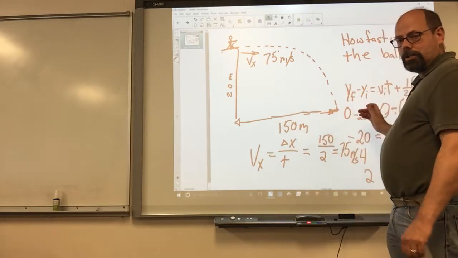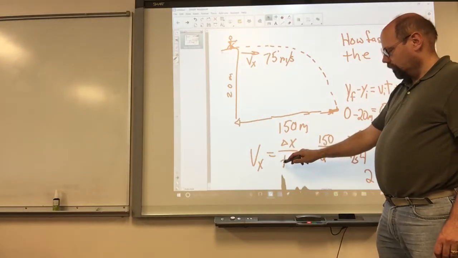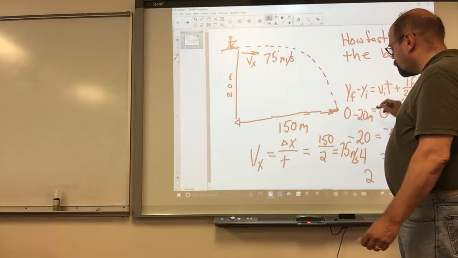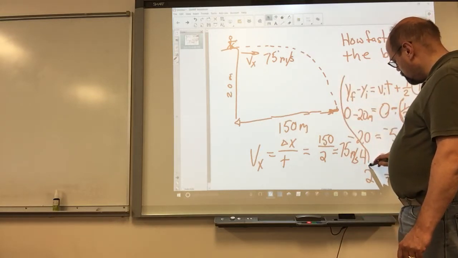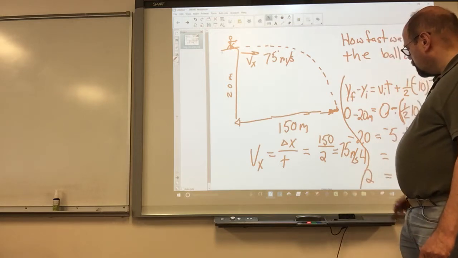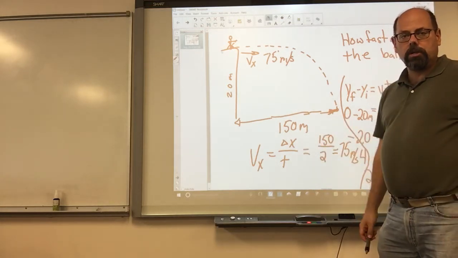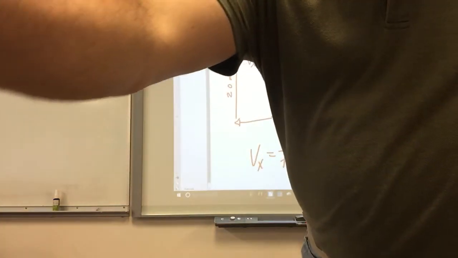Okay, if it's a Y question, if it's an up and down question, then solve this part of the equation. It's usually given enough information, and then use the time to put it into this equation. So you really have 2 equations here. You'll have a Y part, and here's the X part. Once you solve those, you'll be good to go. Okay, give those a try. I'll set those up for you in the download area.